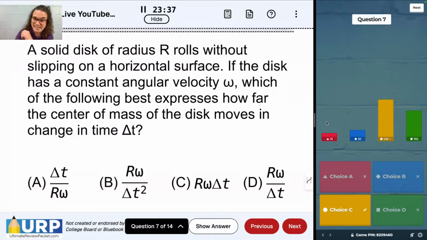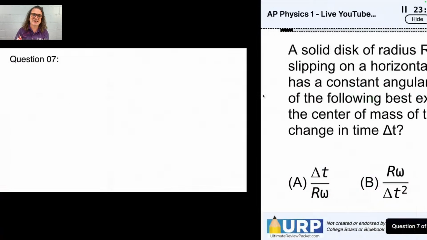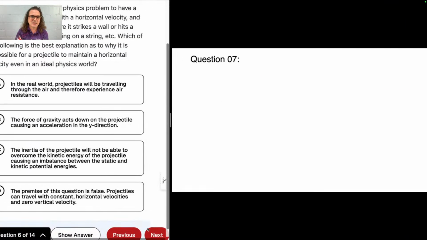All right, here we go. Correct answer choice is C. Let's figure out why. So here we go.